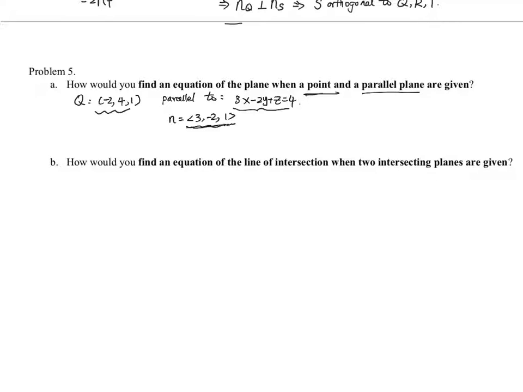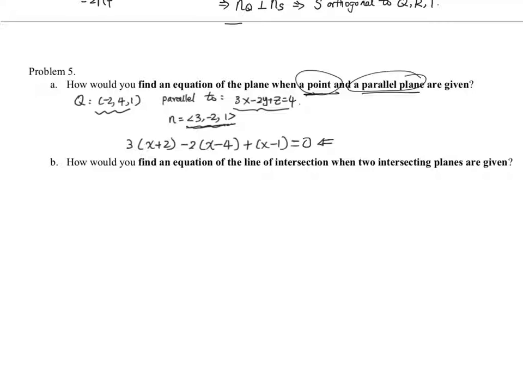The plane equation becomes 3 times x minus negative 2, which is 3 times x plus 2, minus 2 times y minus 4, plus 1 times z minus 1 equals 0. So this will be the plane equation that meets the requirements. That's how we would find an equation of a plane when a point and a parallel plane are given.